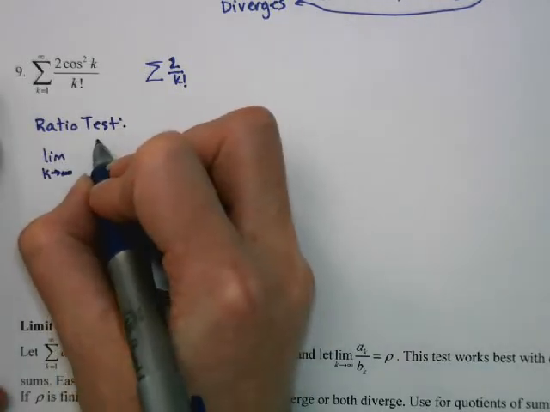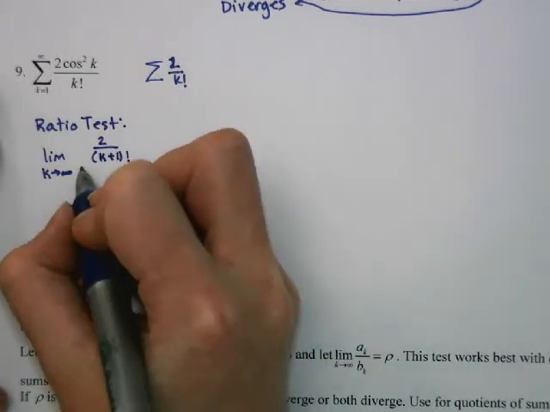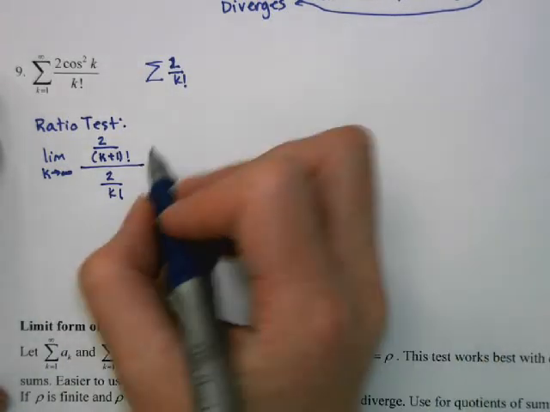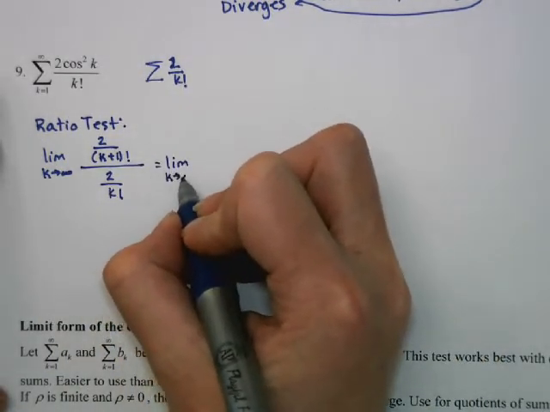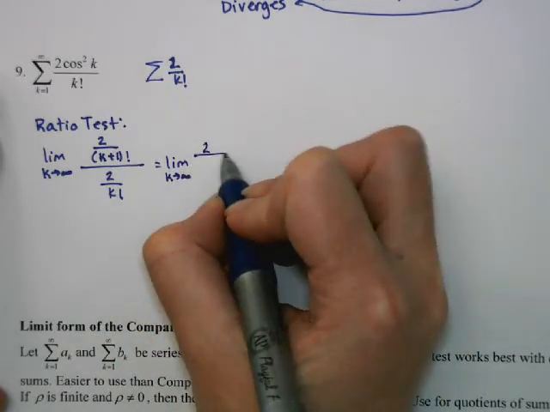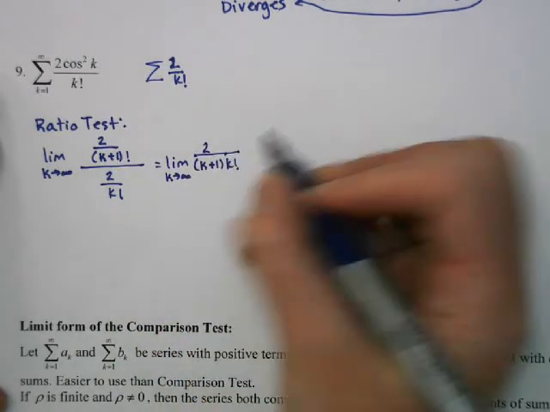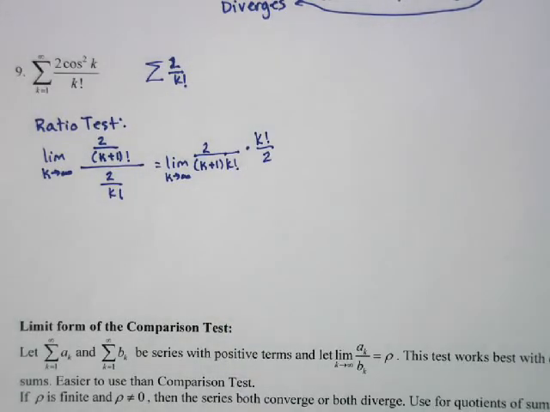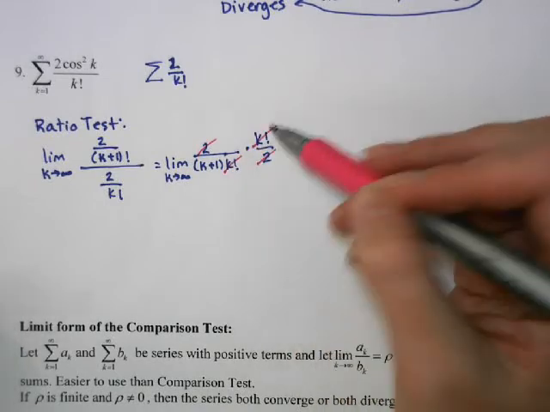Limit as k goes to infinity of 2 over k plus 1 factorial over 2 over k factorial, times k factorial over 2, and as always, stuff goes away.